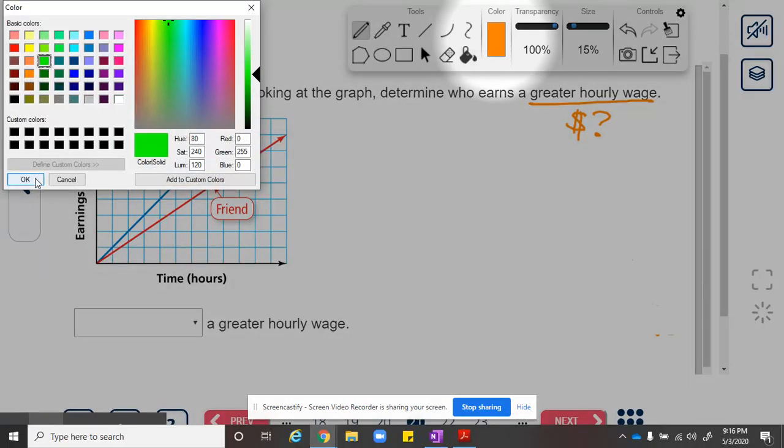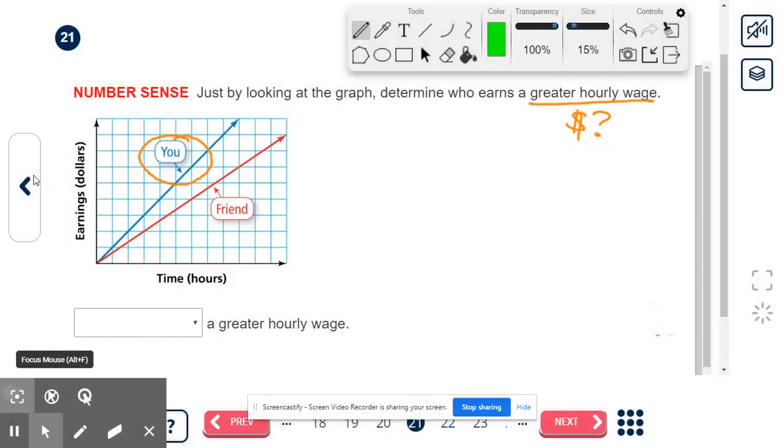So I'm going to use this green line right here. Remember my example earlier? We should have the same amount of hours. So let's just say I'm going to use this much right here, okay? At the same amount of hours, your friend earns this much. This is your friend.